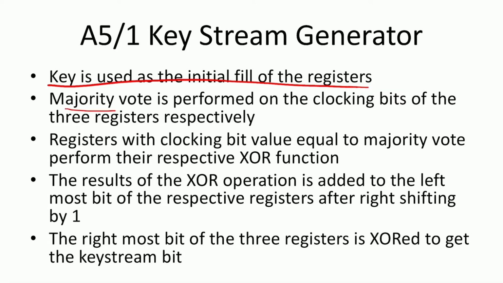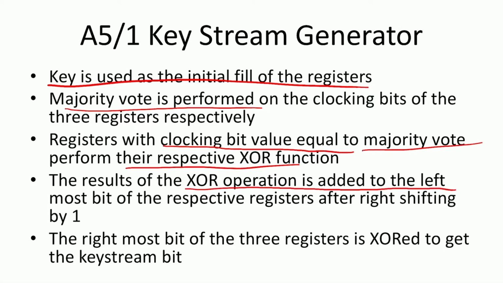And then we perform that majority vote function on the clocking bits of the 3 registers, and then the registers with the clocking bit value equal to that of the majority vote are going to be active, which means that they are going to perform their respective XOR functions. Then we right shift these active registers by 1 bit, and the result of their XOR function operation is added to the leftmost bit of these registers.